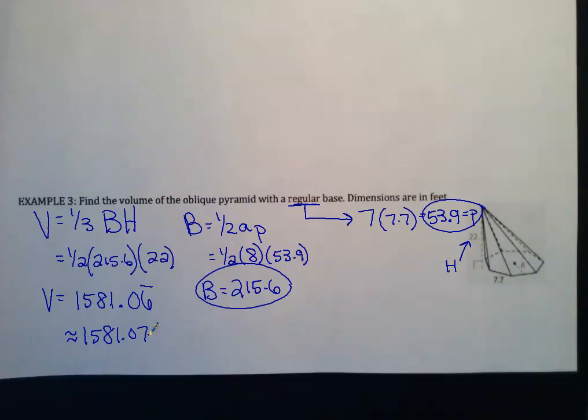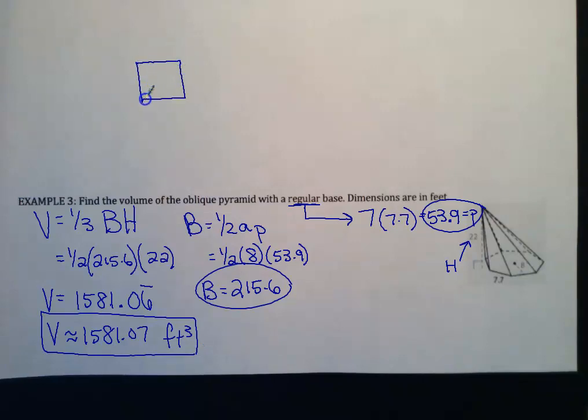What's our unit? Feet cubed. So what's the point of the cubed and the squared? Squared tells you that it's something that fills in a square amount, so it's surface area, the surface of something.